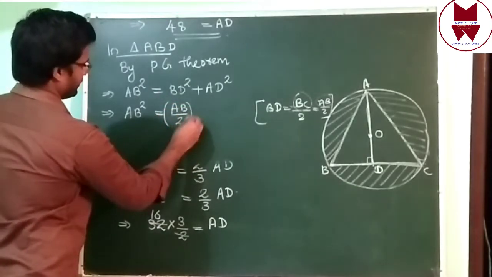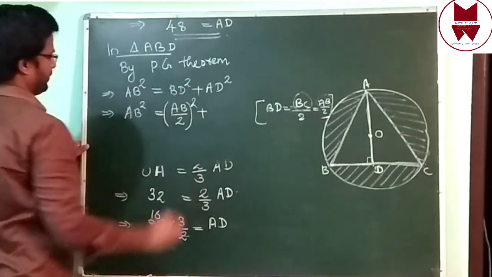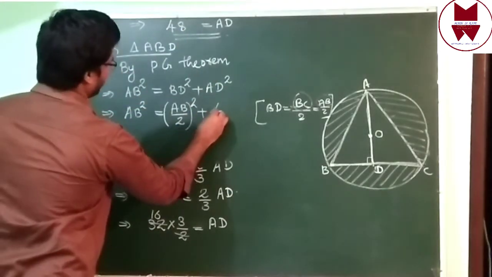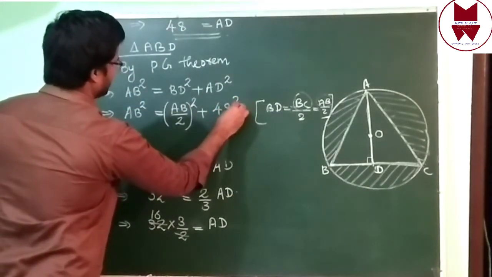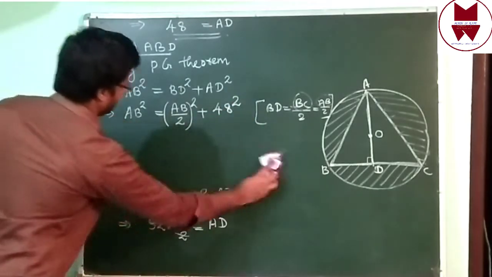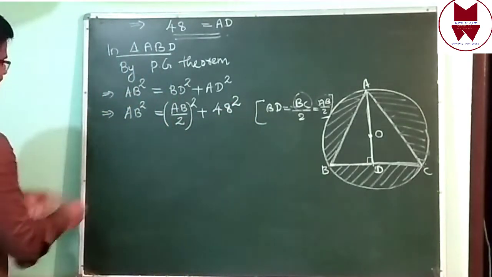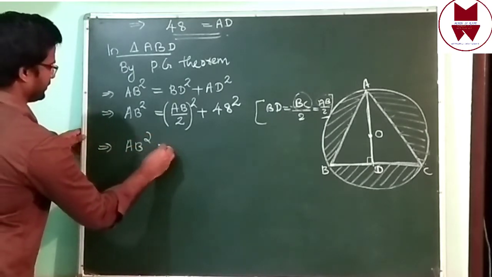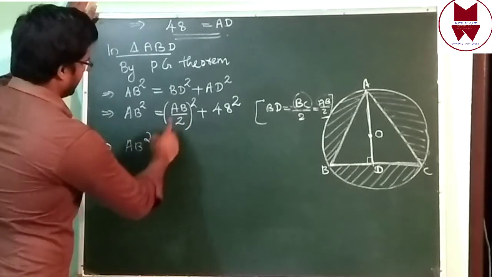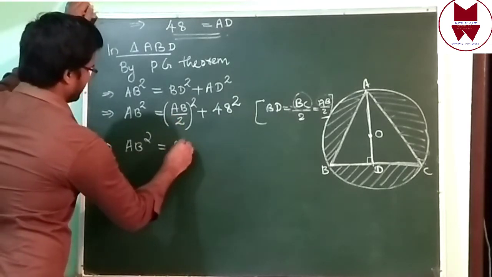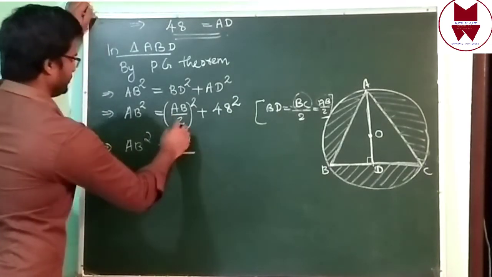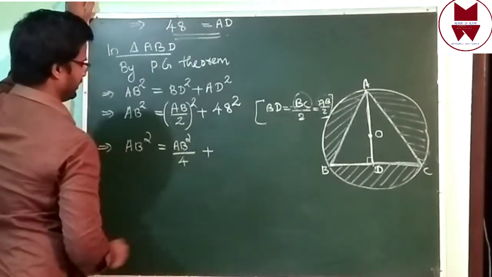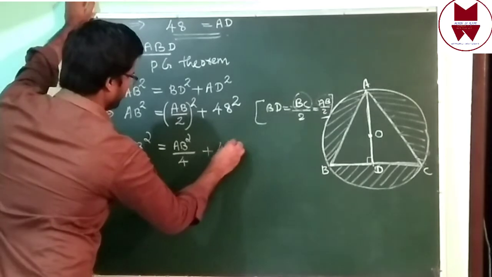Then in the place of BD we write AB divided by 2, all squared, plus AD square. AD we know is 48, so 48 square. AB square equals AB square divided by 2 square, which is 4, plus 48 square.